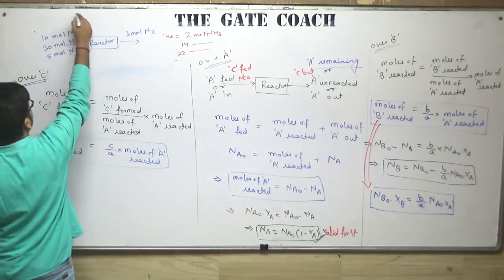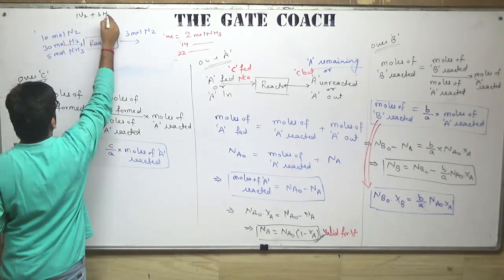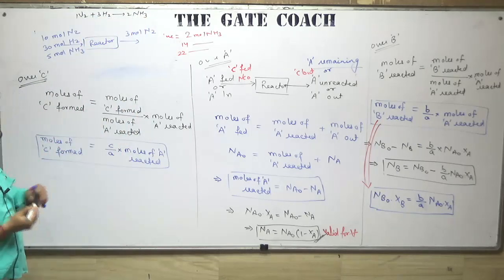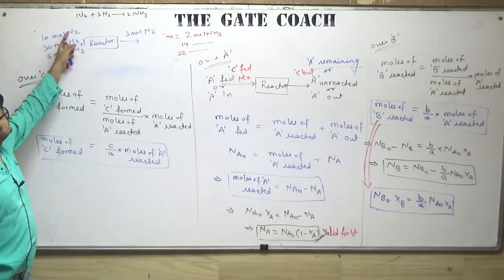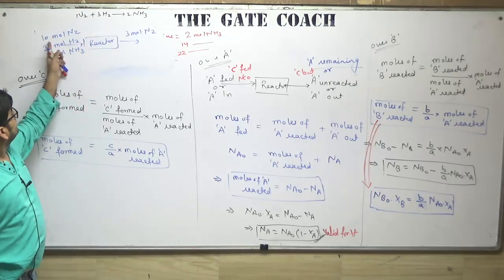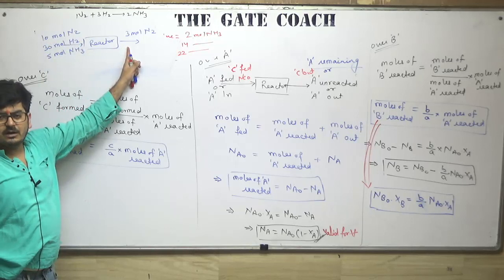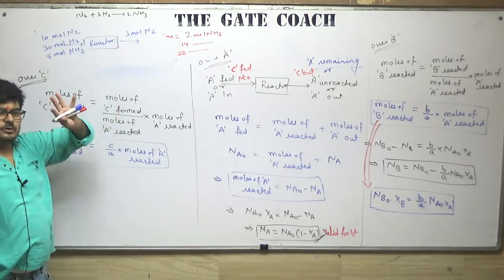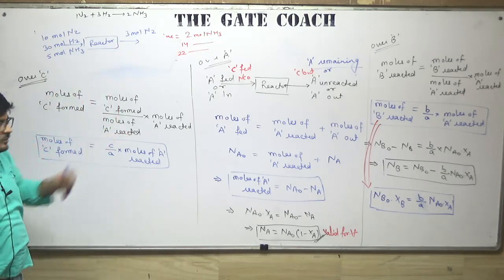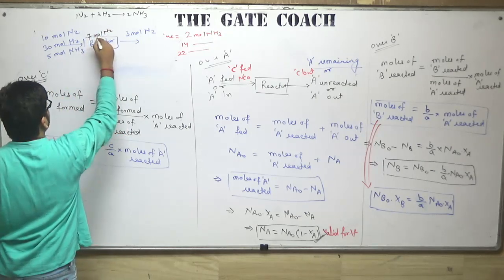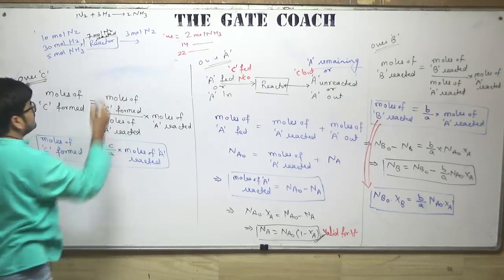So from ammonia synthesis, you can see that here we have 10 moles nitrogen in the feed and 3 moles of nitrogen in the outlet. So obviously 7 moles of nitrogen has reacted.